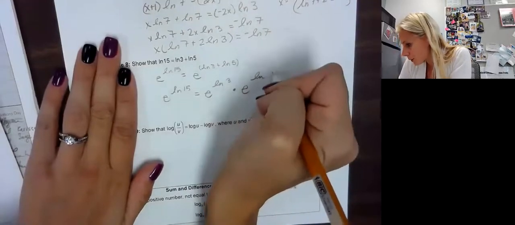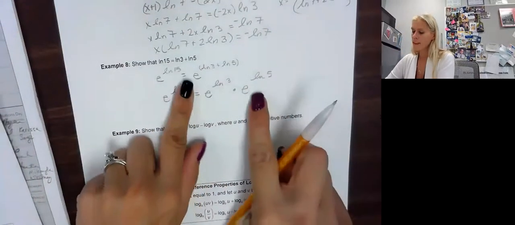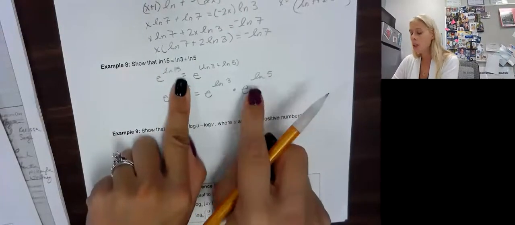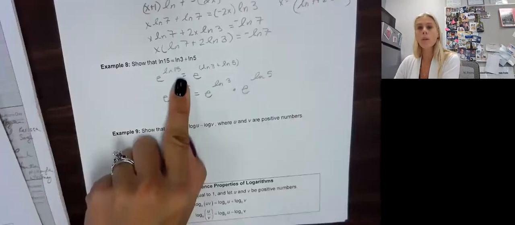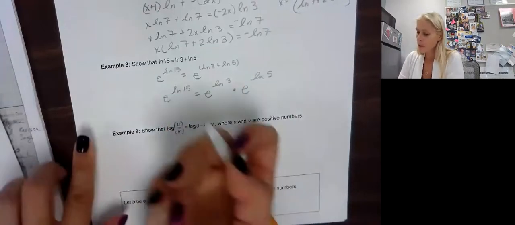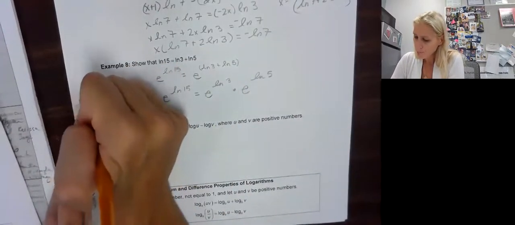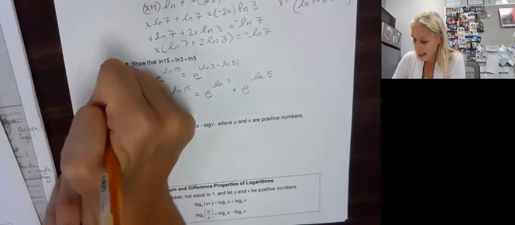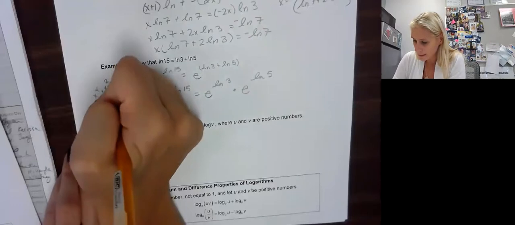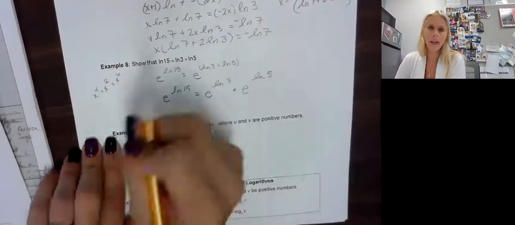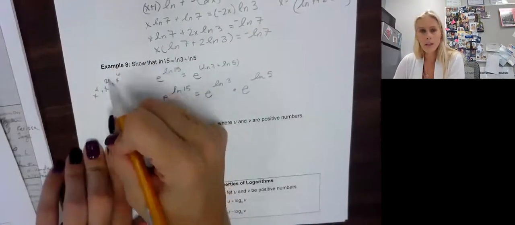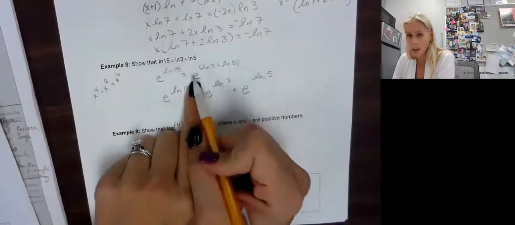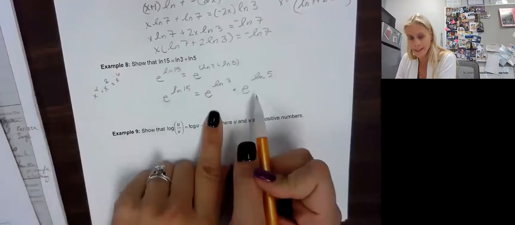Because we're used to going backwards. We're used to having something like this, and we're like, oh, it has the same base, it's multiplication, so we add the exponents, right? Example, x to the 4th times x squared equals x to the 6th. We're used to bringing it to one term, but in this case we have this one term and we're separating it into two.